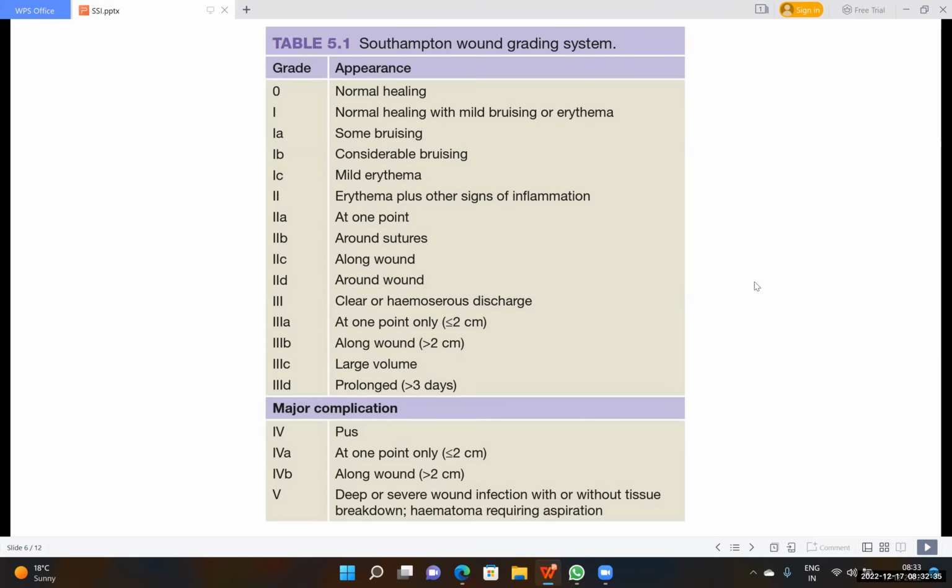Now, if it's purulent discharge from only one point in the wound, less than 2 centimeters, then it's given 4A, and completely along the wound, it's 4B. Now, if there is severe deep tissue wound infection with or without tissue breakdown, and there is hematoma developing in the wound requiring aspiration, it's graded as 5.